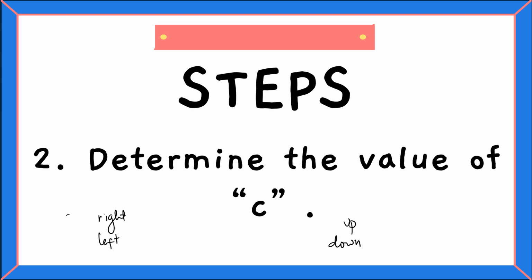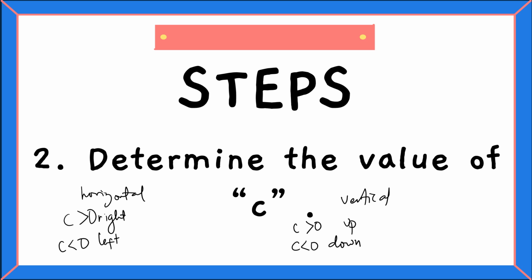So, if C is greater than 0, we can recall that it is a parabola that opens to the right, and C less than 0 opens to the left for a horizontal. Then for a vertical parabola, if C is greater than 0, it would be a parabola that opens up, or a downward parabola if it is less than 0.